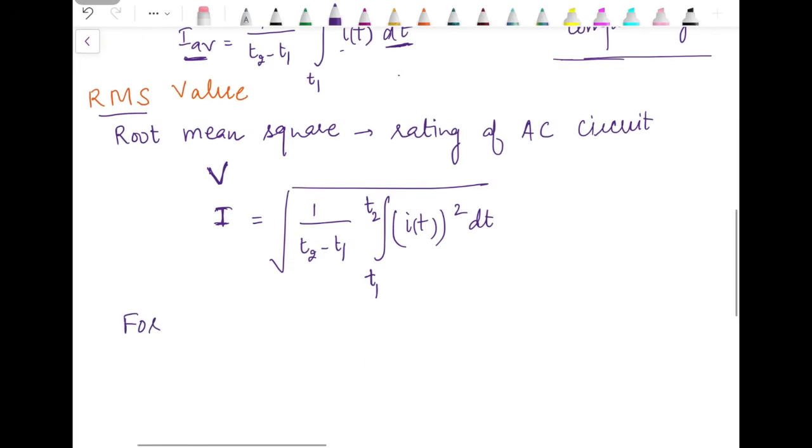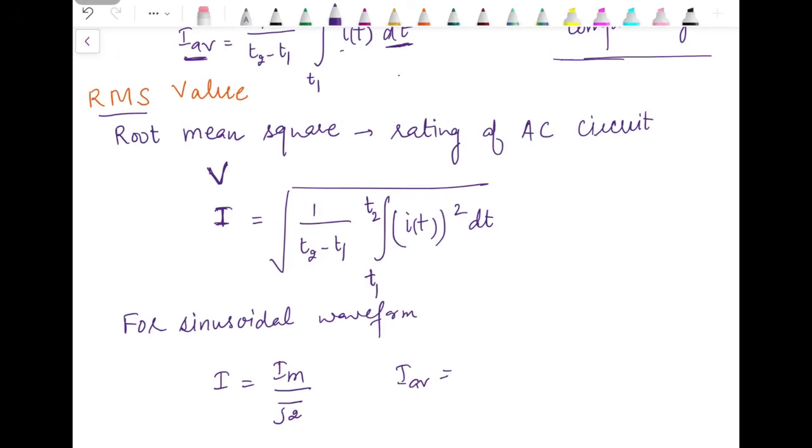Now for a sinusoidal waveform, I RMS is actually I max by root 2 and I average is 2 Im by pi.